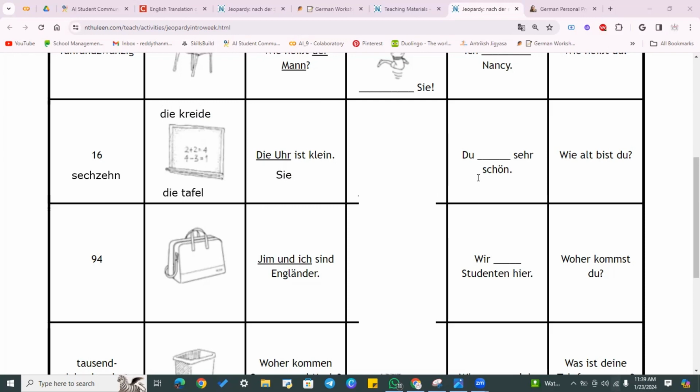So it is sie. Got it? Now, fill in this blank with either heißen or sein conjugation. Du dash sehr schön. Du bist sehr schön.